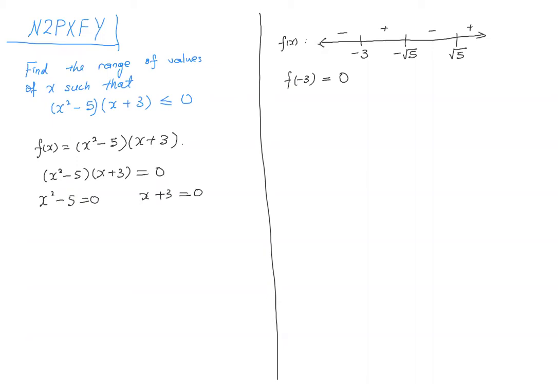We get x squared equal to 5. So my x equal to root 5 or x equal to negative root 5 and another x is equal to negative 3, correct? Okay. So I just want to ask, how can I get the sign for region A? How do I know the sign for region A is positive?